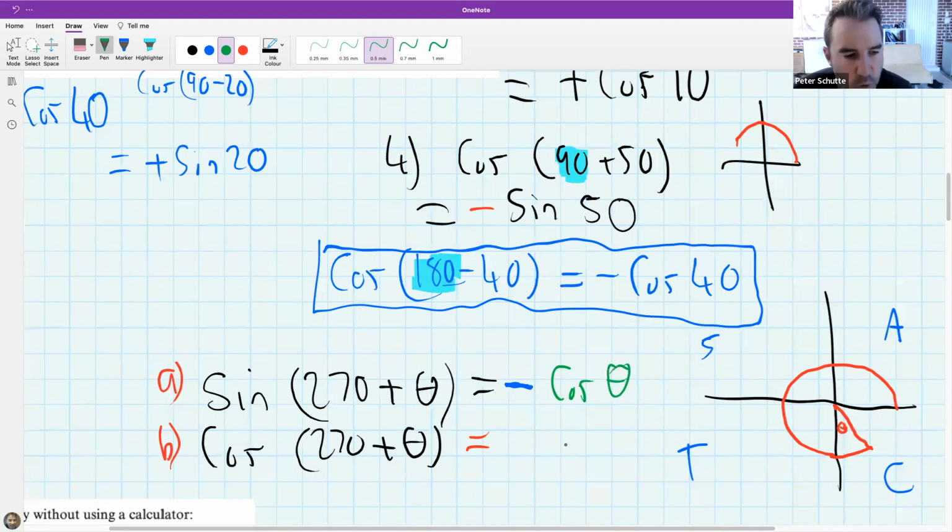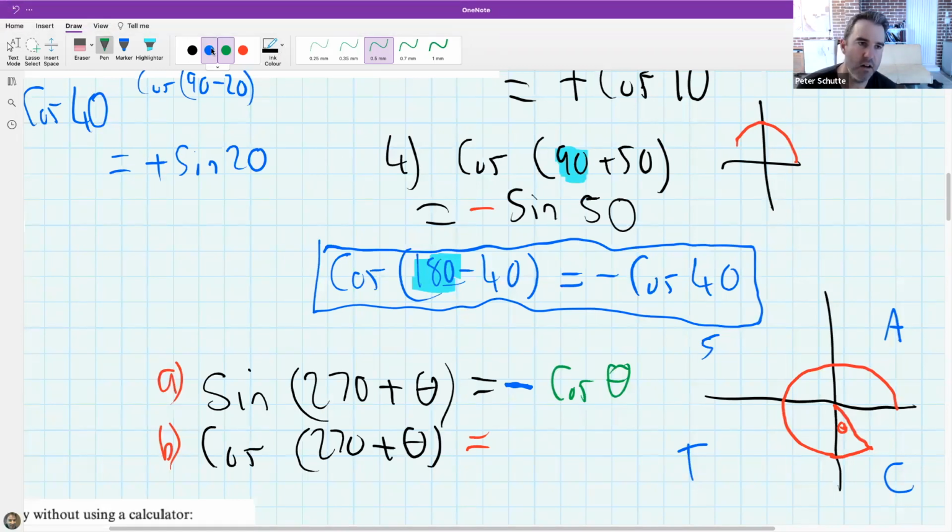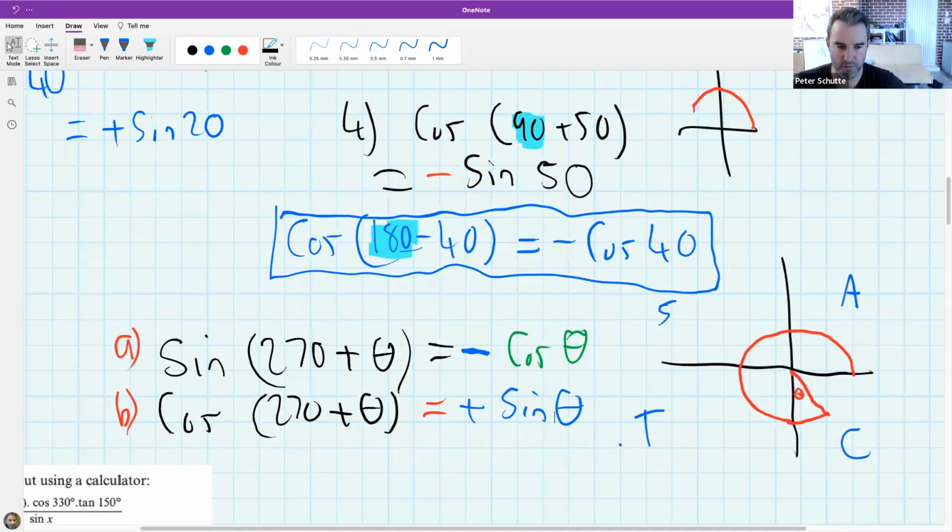Perfect. And what about B? Could you give me the answer for B? Yes, sir. So for B, since cos in the fourth quadrant is positive, and the co-function for cos is sine, the answer will be positive sine theta. Absolutely perfect. Thank you so much.